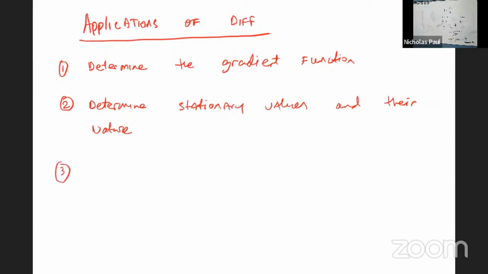And the third thing they use them for, well, there are some other things too, but for you, these are the three things I have to do. Rates of change. Oh, wait, one more. There's one more thing that we use differentiation in. Kinematics. Right? We use it in kinematics.